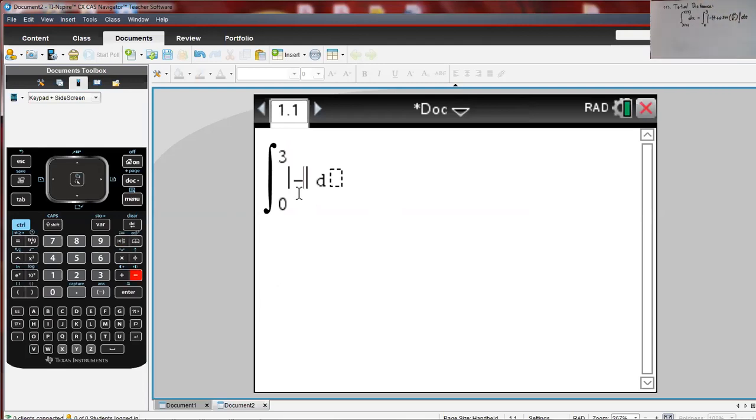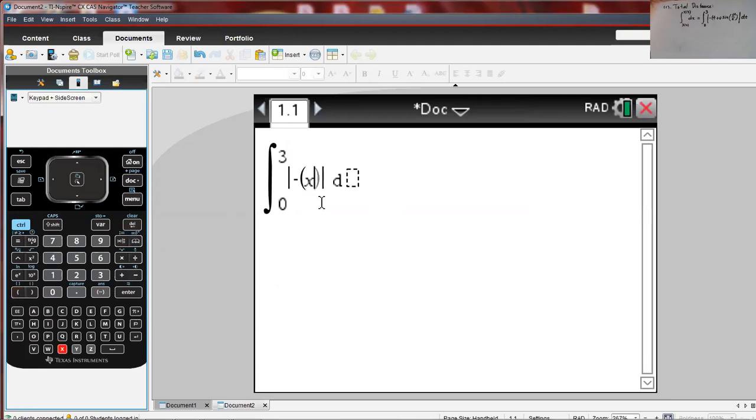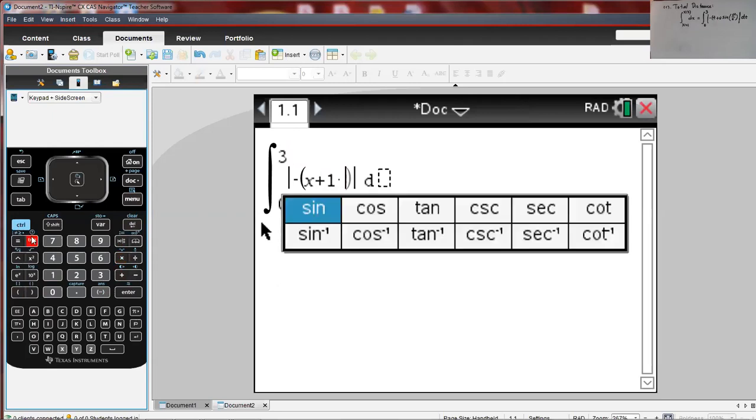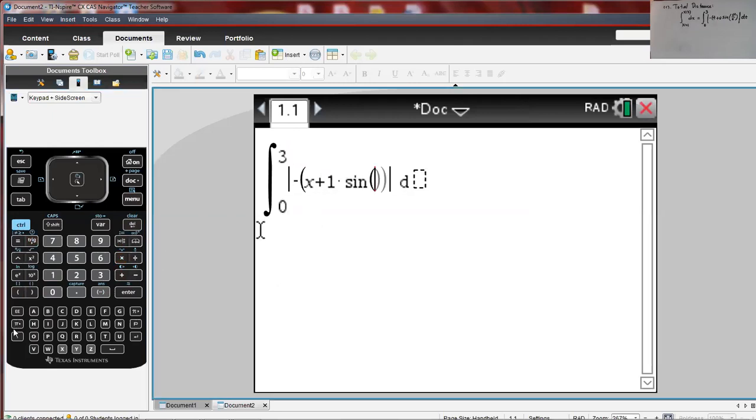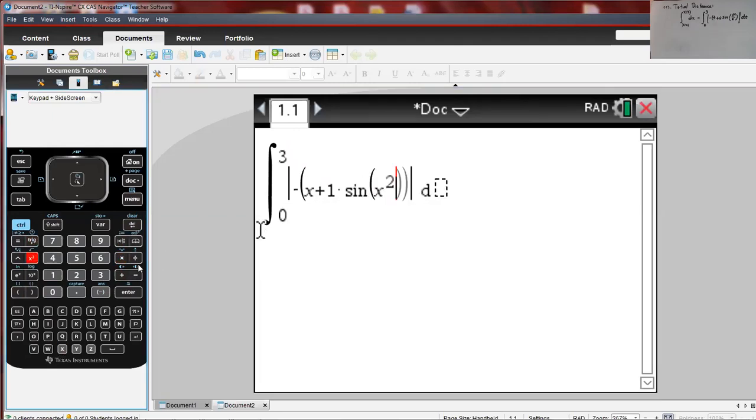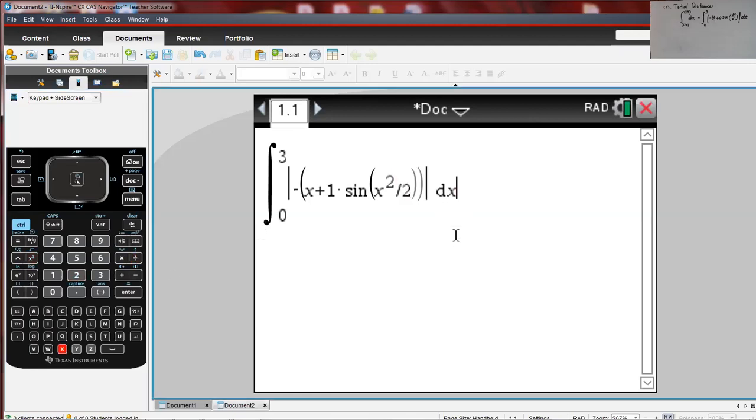So negative parentheses x plus 1 times sine of x squared divided by 2 dx, correct?